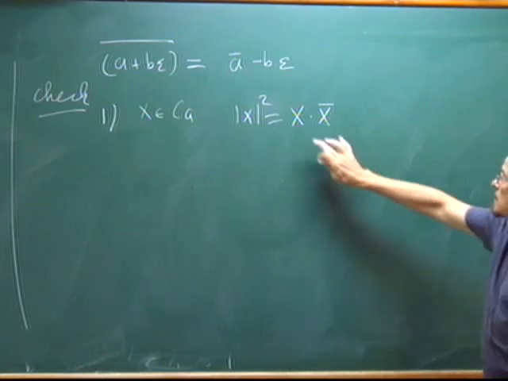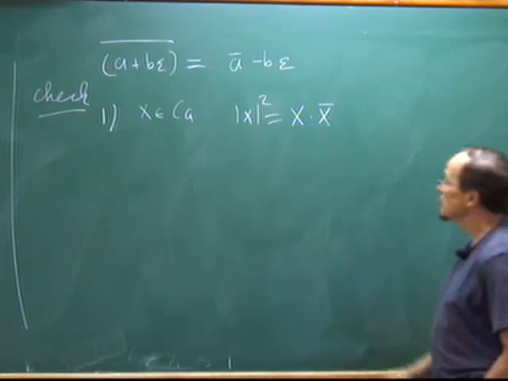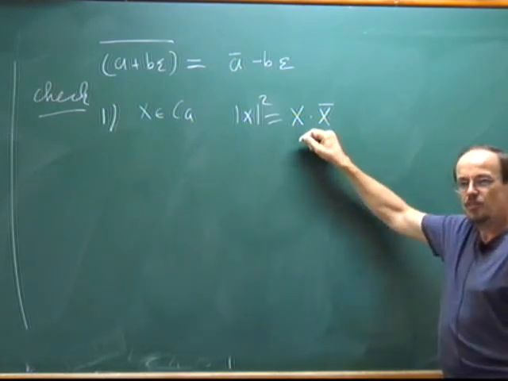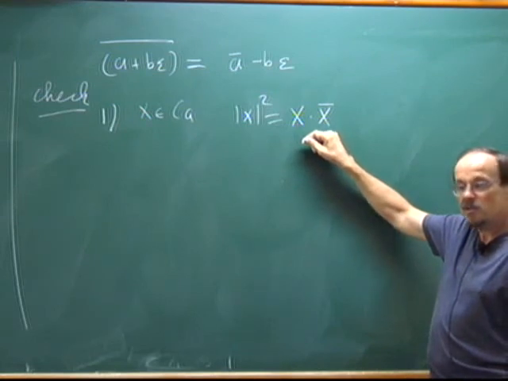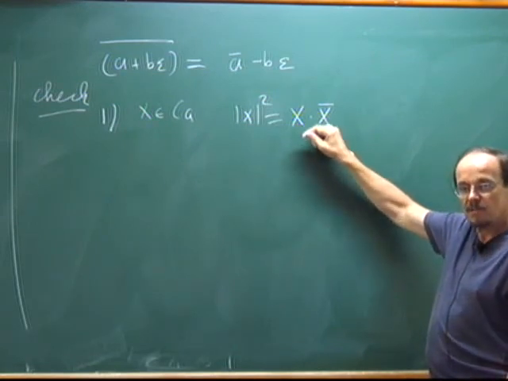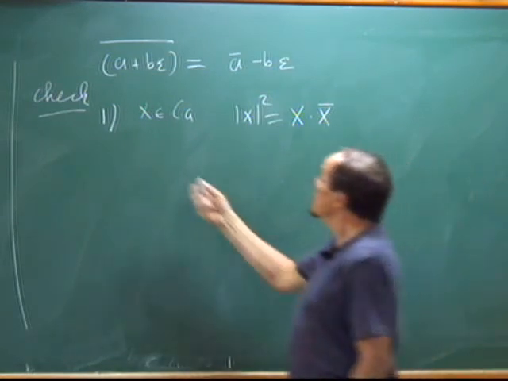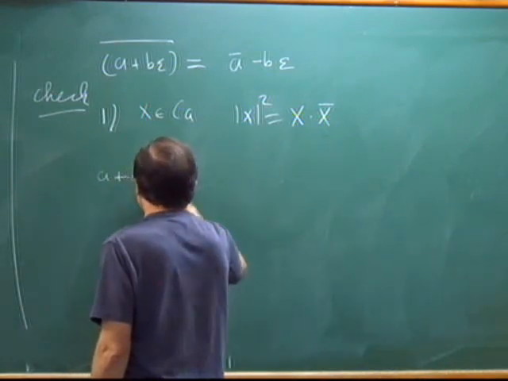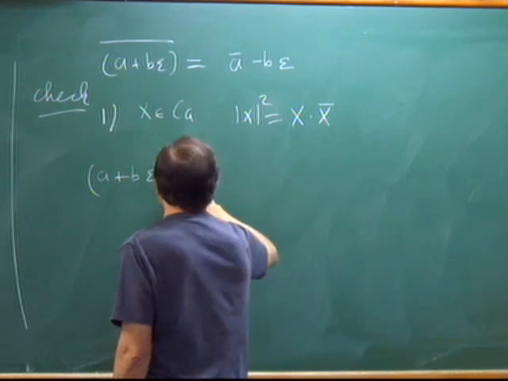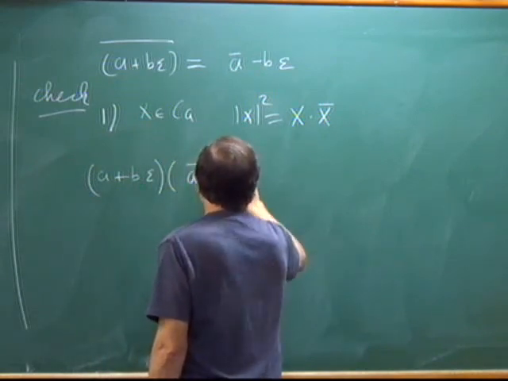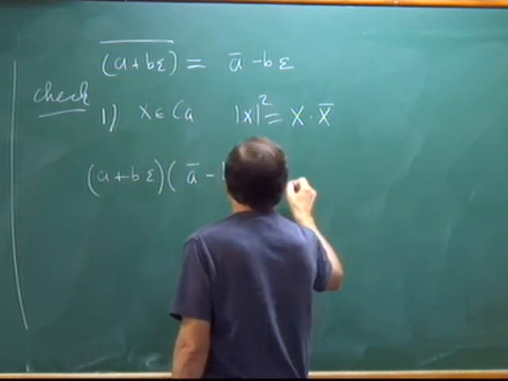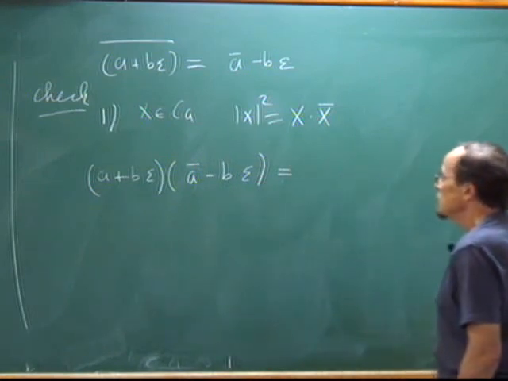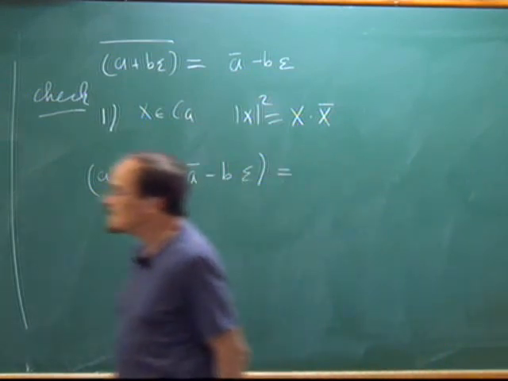I now claim in this language x times x bar is a norm squared. Remember, this is how we often compute in complex numbers or in the quaternions, that the norm is a number times a conjugate. So let's carry it out, just to see how the multiplication works and why this order is very useful. A plus b epsilon times a bar minus b epsilon. So I'm just going to do this carefully.